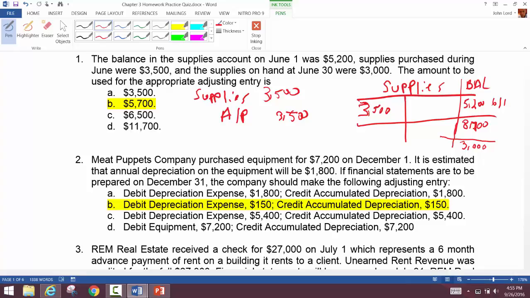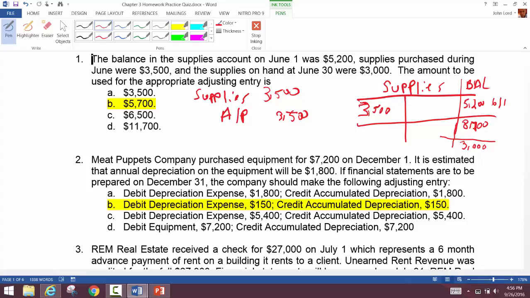Okay? And so what happens? That means that I had, what, 8,700 apples, and when I counted up and I only had 3,000 left, so I must have eaten, what, 5,700 apples?